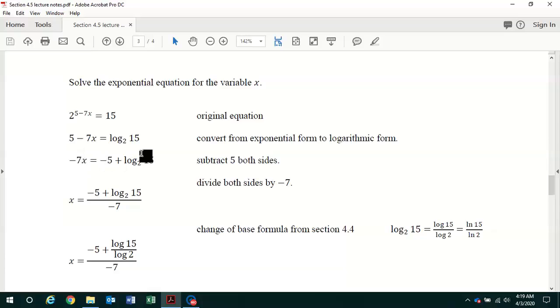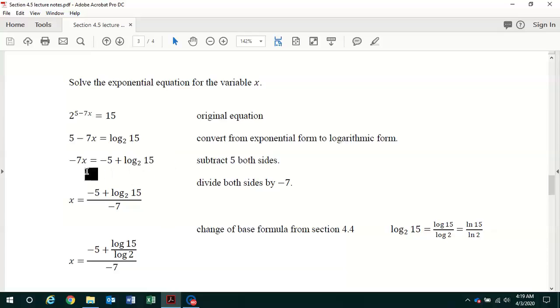Now we have to just solve for x. So subtract 5 from both sides, and we have minus 7x is equal to negative 5 plus log base 2 of 15. Now when I'm dealing with logarithms, you could have written this as log base 2 of 15 minus 5, but sometimes students will end up subtracting 5 from the 15 here, and that's wrong.